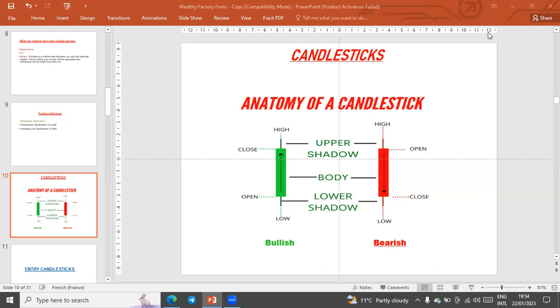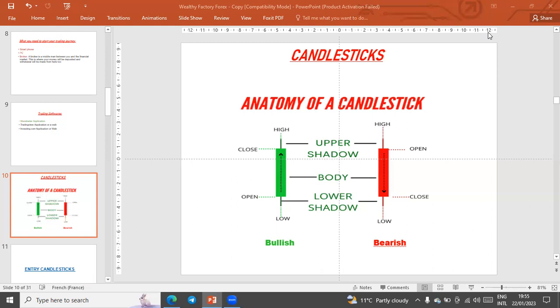Candlesticks are tools that you are going to use for analyzing the market. You're going to use candlesticks throughout your trading journey to analyze the market, and to be able to place a trade, you're going to be using candlesticks, right?